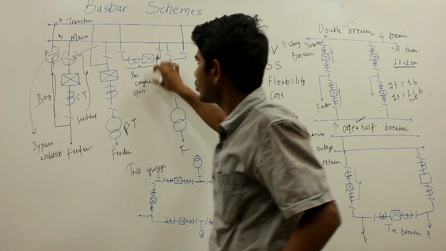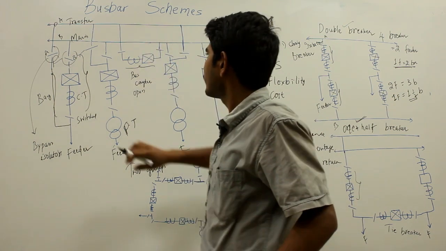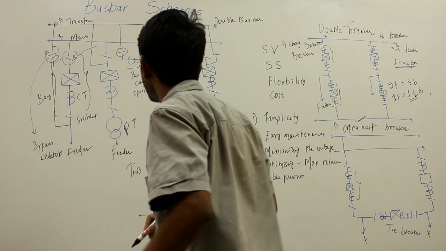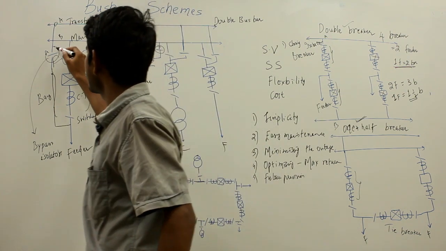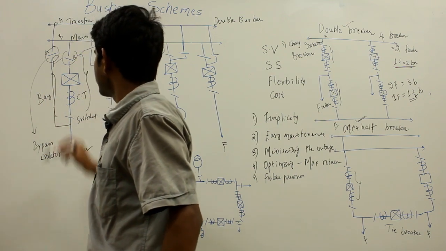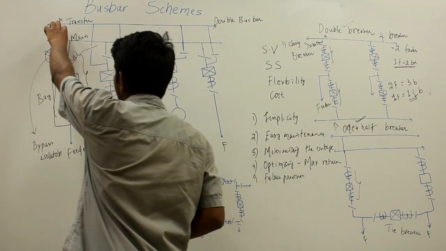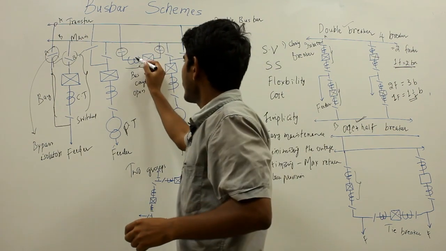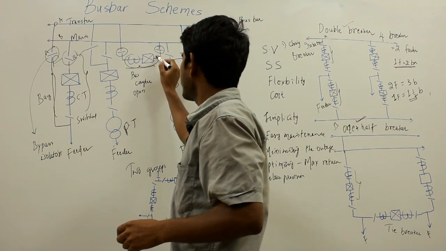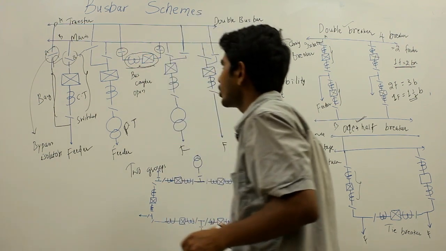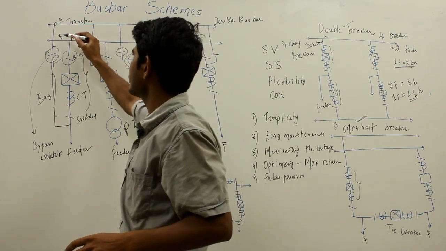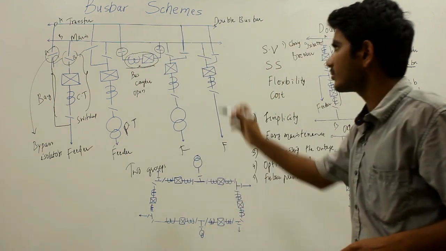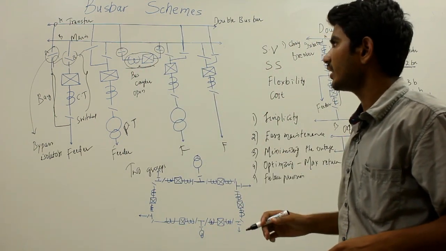And in order to energize the transfer bus, first we have to close the isolators associated with the bus coupler breaker, and then close the bypass isolator which is connected to the transfer bus. And once you close the bus coupler circuit breaker, you are going to energize your transfer bus and you can feed your feeder circuit. So this is basically the switching operation done in the main and transfer bus.